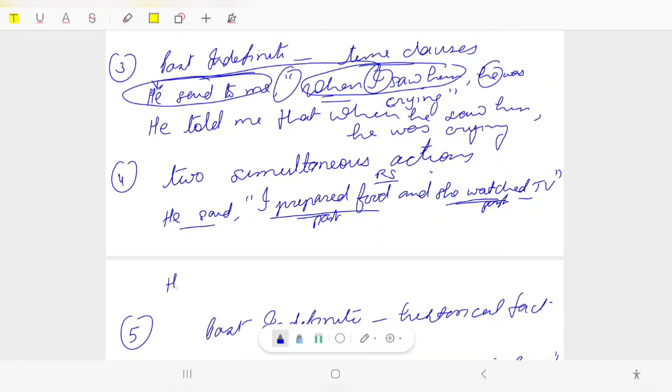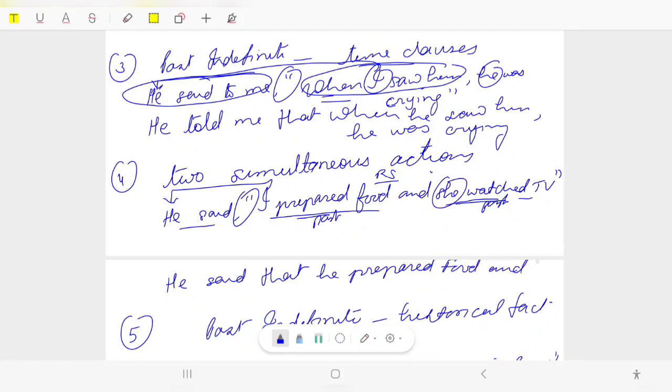So what will be the answer? He said, inverted commas removed, that I, according to subject, he said that he prepared food and she, third person, so no change, she watched TV.